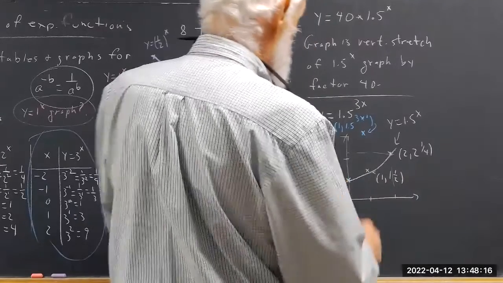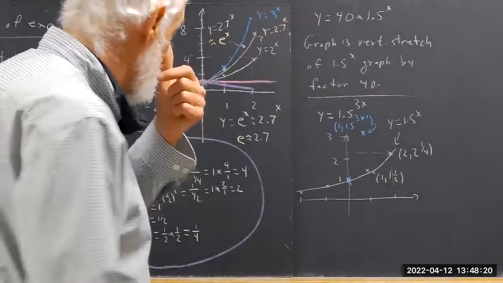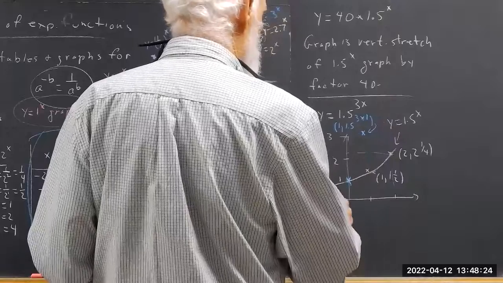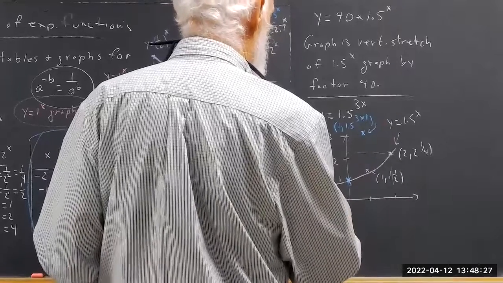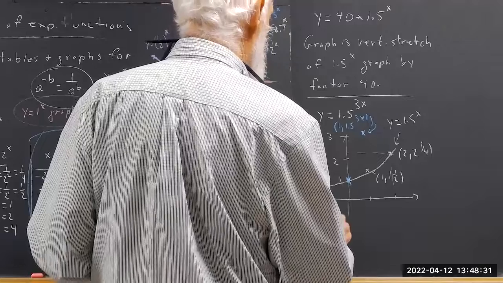Of course, the graph still goes through this point. Then we have a point here. It's way down here. This is -1.